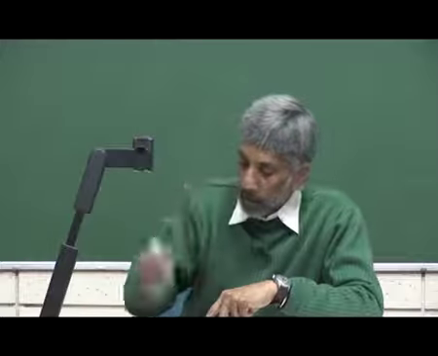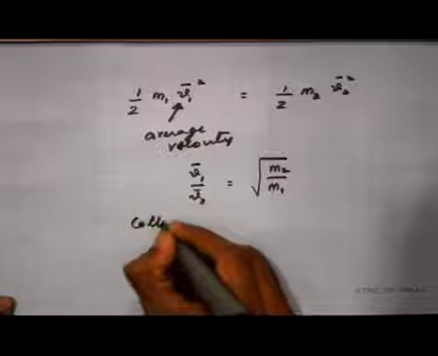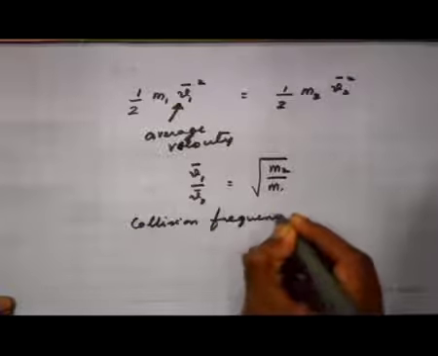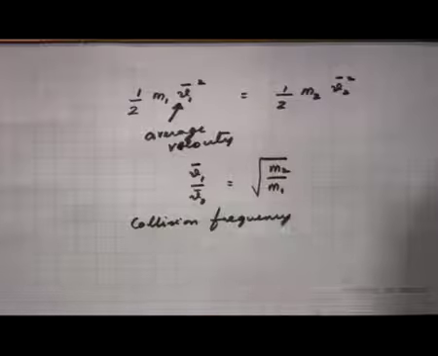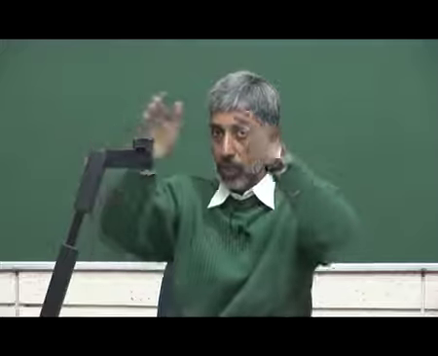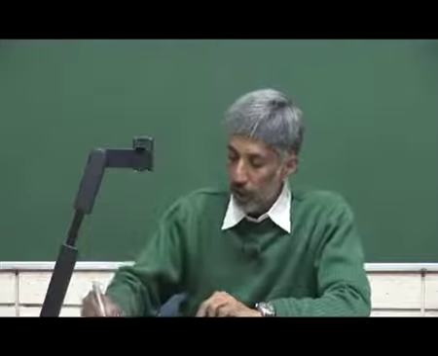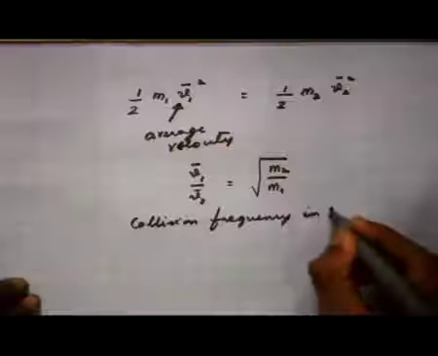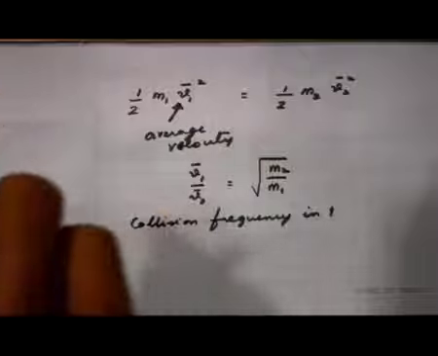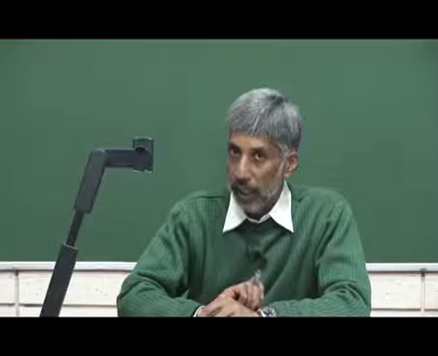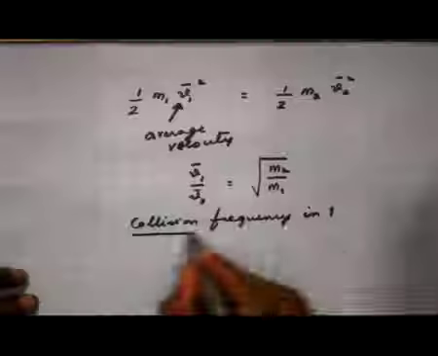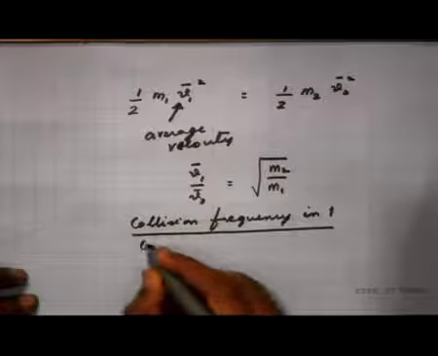But there is a way of doing this. You look at the collision frequency. So, if you take the gas molecules in a container, the average velocity that you have of the molecules in that sample is related to the collision frequency.